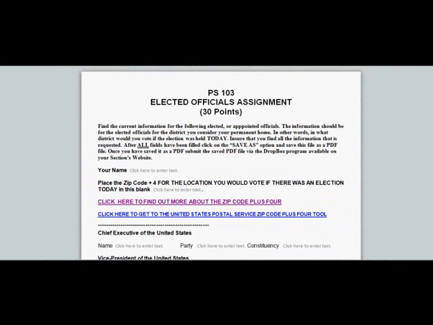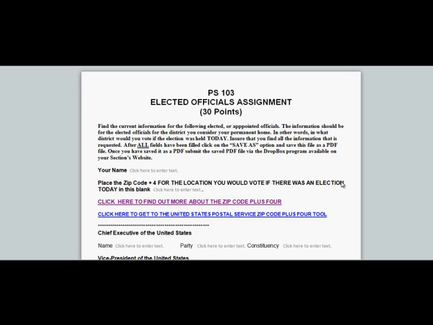As we look at the assignment, there are several things I want to highlight for you. The first thing is this area right here where I ask for your zip code +4. Understand that I need the zip code +4, not just the zip code or not just the +4.